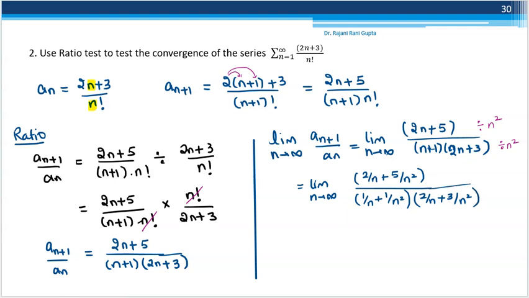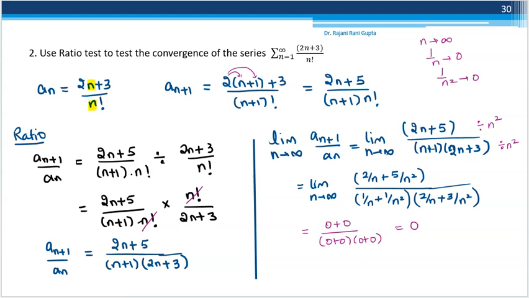Fine. Now, as n goes to infinity, 1 over n approaches 0, and so does 1 over n squared. So what do you get when you substitute the limit? You get 0 plus 0 in the numerator, and in the denominator also, all the terms become 0 except the constants.